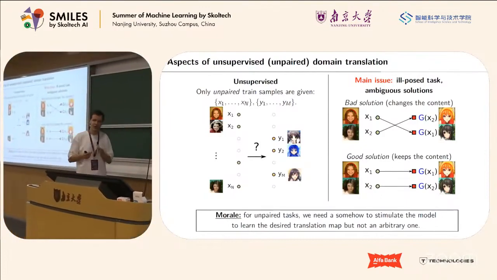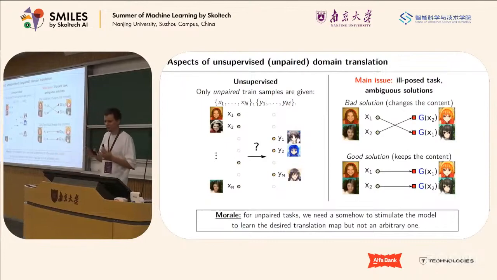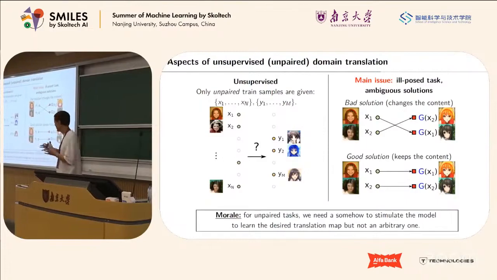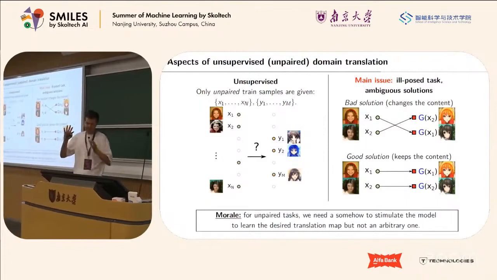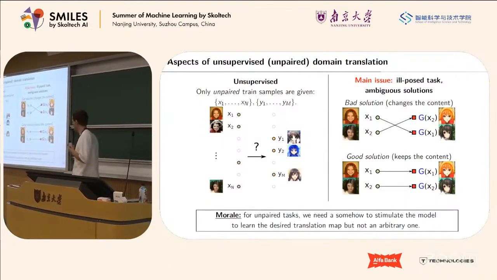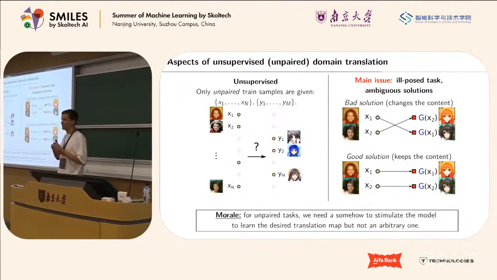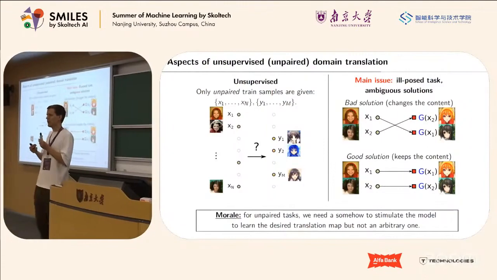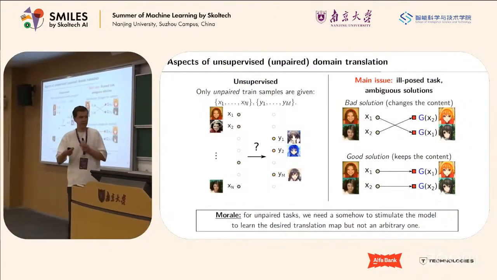So you kind of map the distribution of real faces to the distribution of anime faces to solve this style transfer problem. But this is actually useless, because it more or less does some random transformation to the data point to transform it from one domain to the other domain, right?